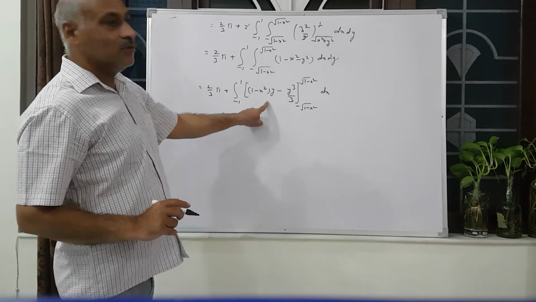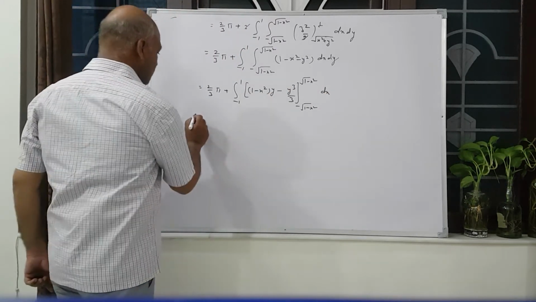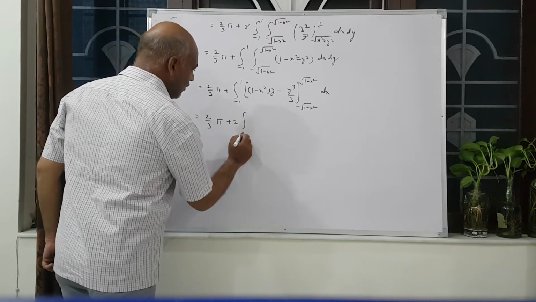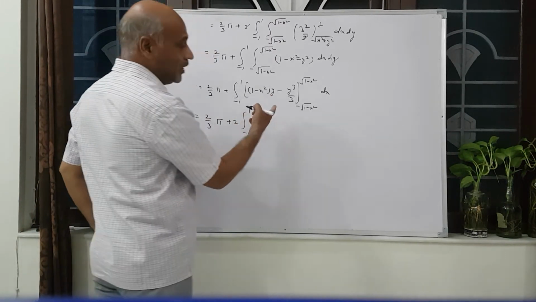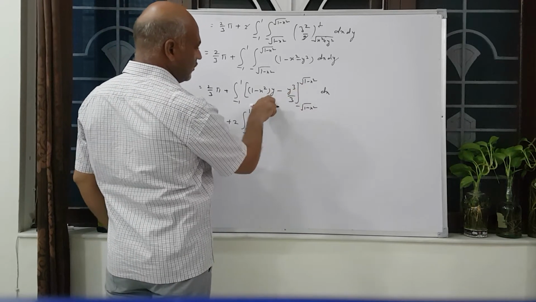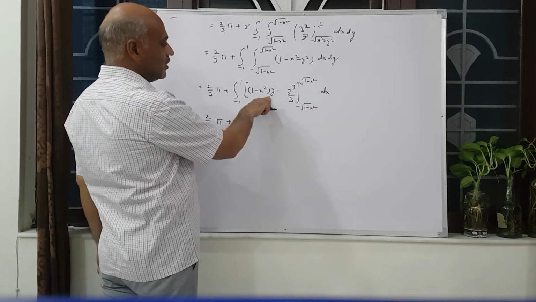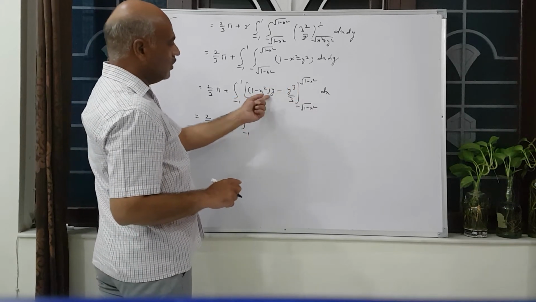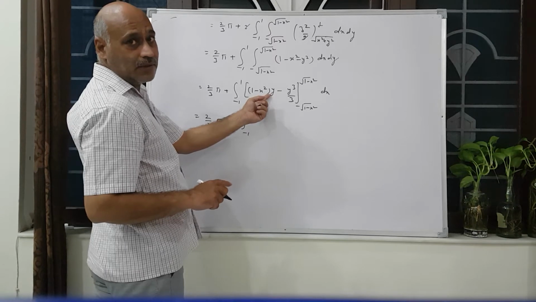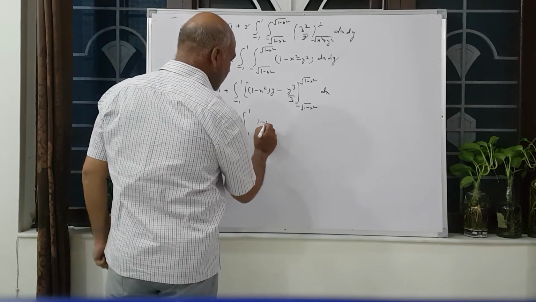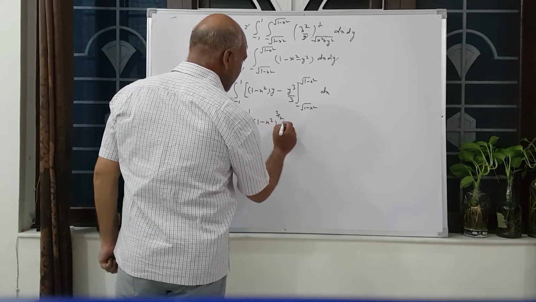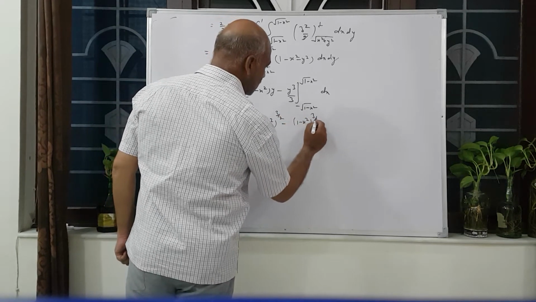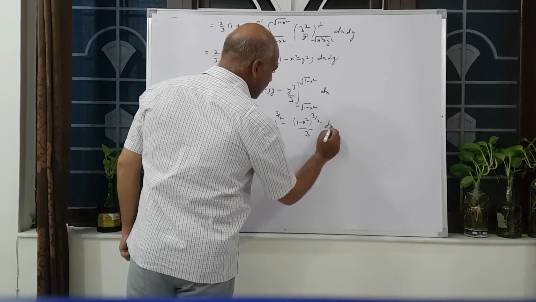So we put this value here and it becomes twice. 2 upon 3 pi plus 2, minus 1 to 1, becomes twice 1 minus x square to the power 3 by 2 minus 1 minus x square to the power 3 by 2 by 3, dx.